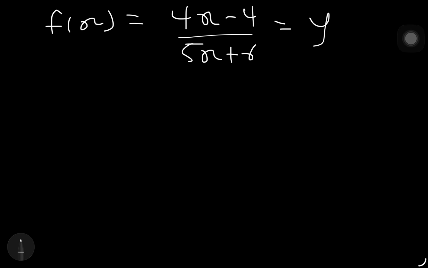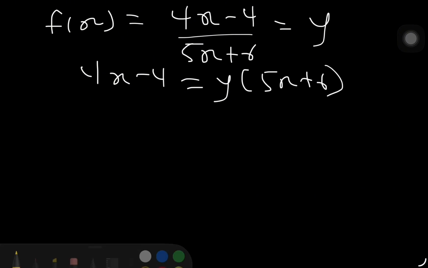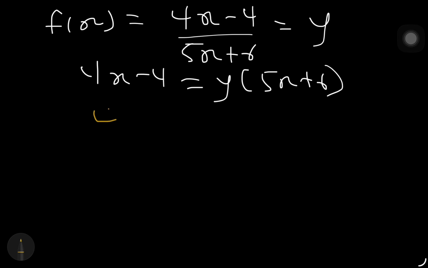Let's take another question. For example, f of x equals 4x minus 4 over 5x plus 6. This one too, we equate it to y. 4x minus 4 equals y multiplying 5x plus 6. From here, we have 4x minus 4 equals 5xy plus 6y.